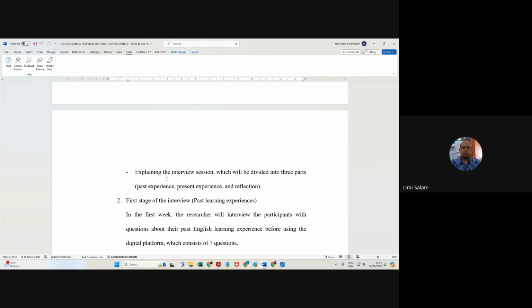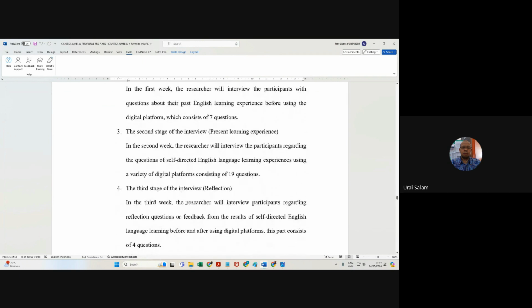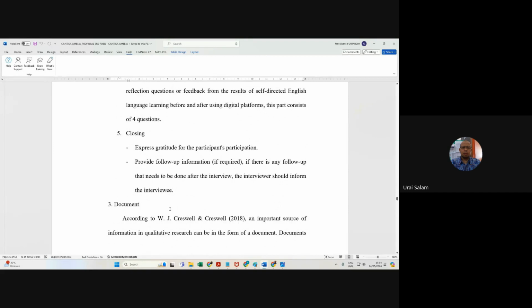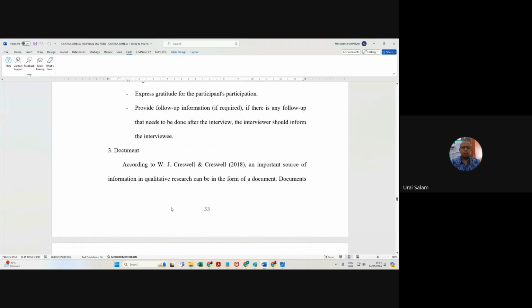This is like an interview guideline, ya. Jadi nanti akan dipakai ketika kamu ingin interview, jadi tinggal dibacakan saja sebagai standarisasi interview questions.